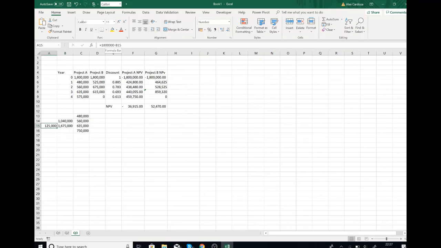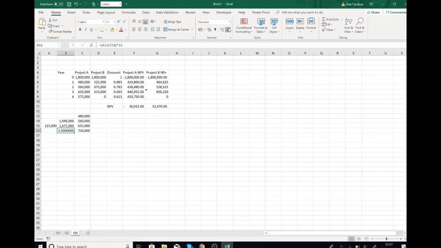You take the amount you still owe, which is 125 because you pay back nearly 1.8 so far, and then you divide that by that, and that's 1.6, and then just times that by 12, and that is perfect. So that's 3 years and 2 months. Okay, that is your payback period.